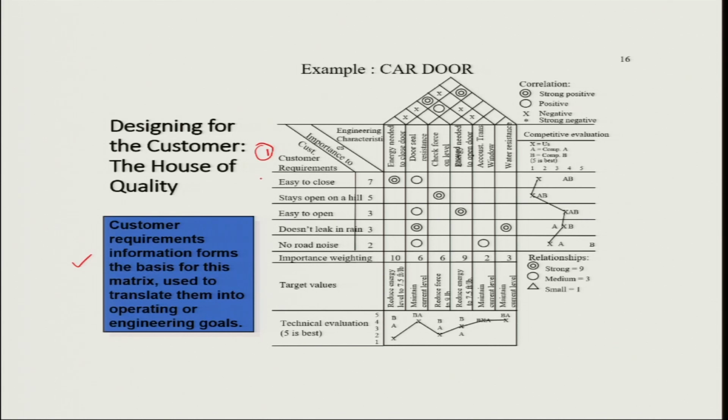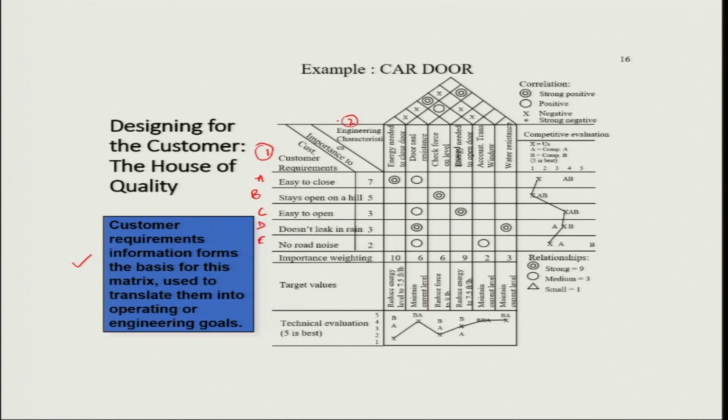Easy to open, easy to close, stays open on a hill, does not leak in rain, no road noise. These are the 5 features taken here for the example's sake as the customer's requirements. And what are the engineering characteristics, or the voice of the manufacturer?